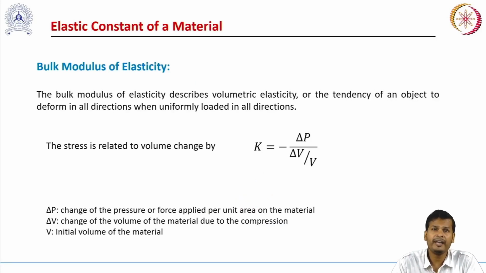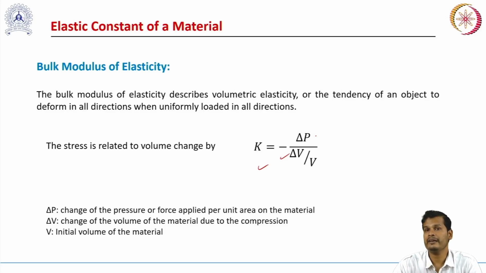We can also define a bulk modulus of elasticity. A bulk modulus of elasticity describes the volumetric elasticity, or the tendency of an object to deform in all directions when uniformly loaded in all directions. This is defined as K is equal to minus delta P divided by delta V by V, where delta P is the change of pressure or force applied per unit area of the material, delta V is the change of the volume of the material due to compression, and V is the initial volume of the material.